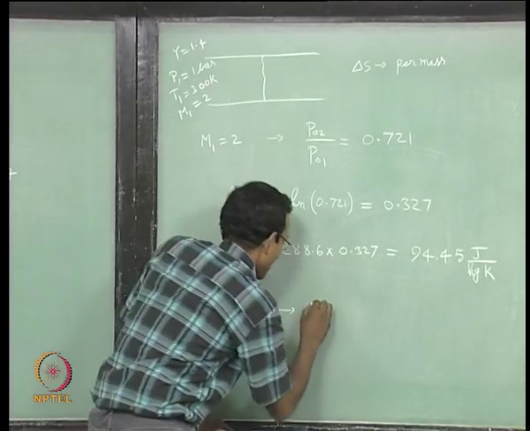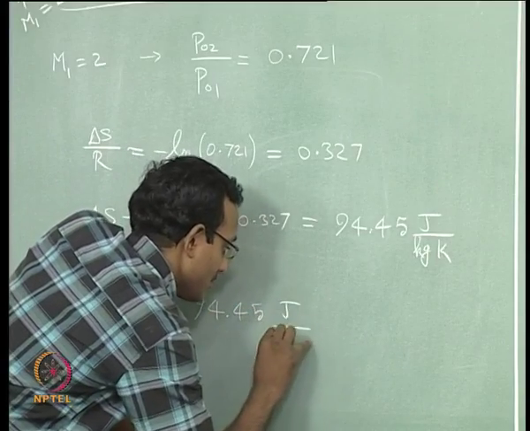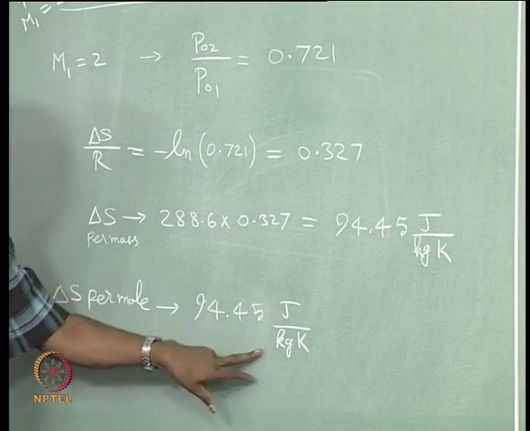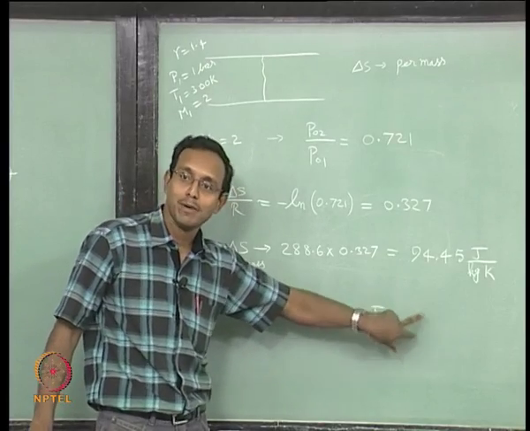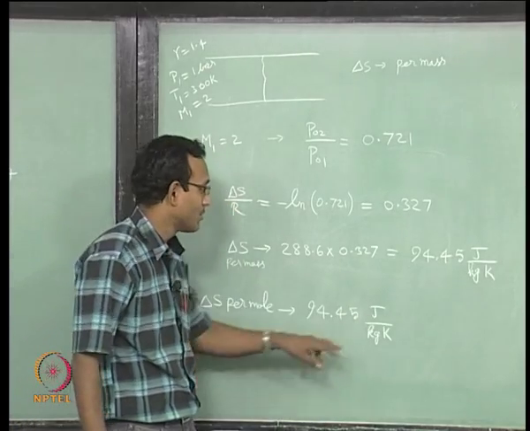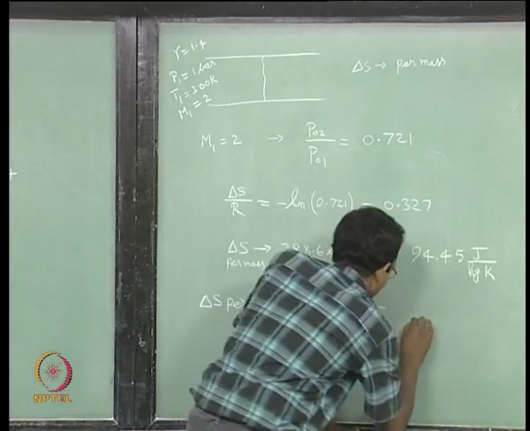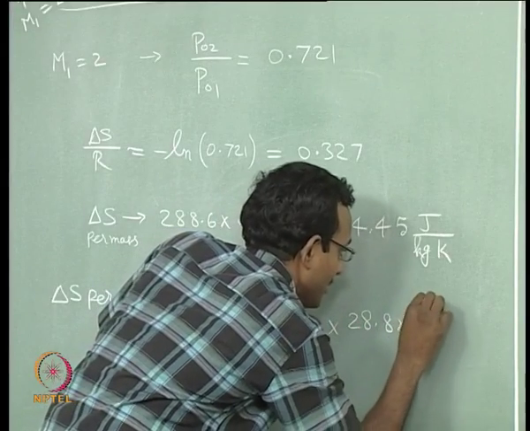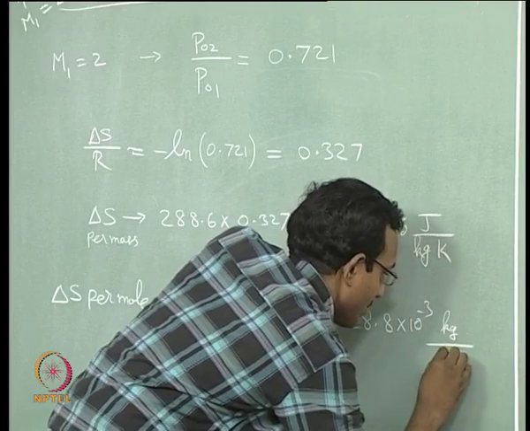I already know the value, 94.45 joules per kilogram Kelvin. This is per kilogram basis, per mass basis. Now if I multiply this with mass by mole, I will get the correct units. So I multiply this with the molecular mass of that gas, 28.8 into 10 power minus 3 kilogram per mole.